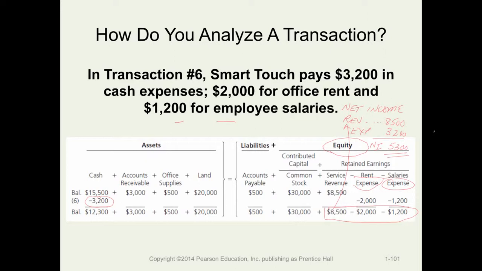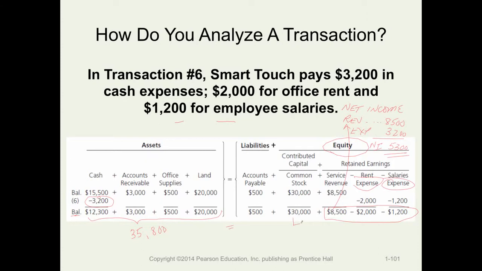And of course, after transaction 6, we still need to take a balance, as always, and we have to ensure that assets equal liabilities plus stockholders' equity. So after transaction 6, total assets are 35.8.